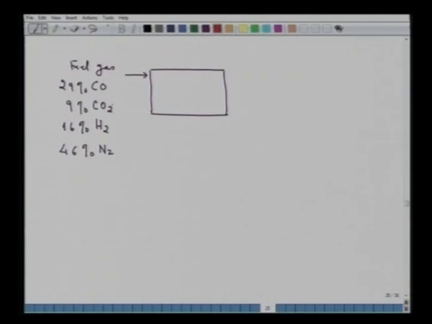Now, this fuel gas is burnt with dry air. Dry air has a composition of 79% nitrogen and 21% oxygen. That is what is given to us.